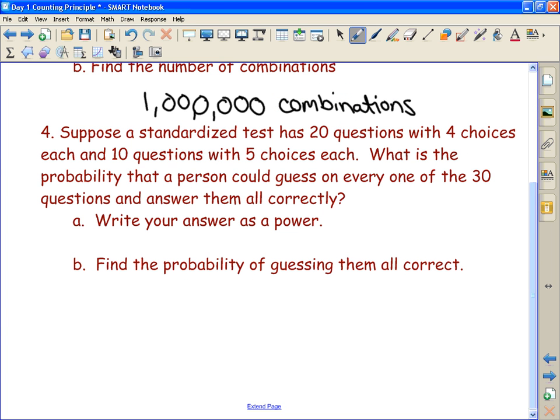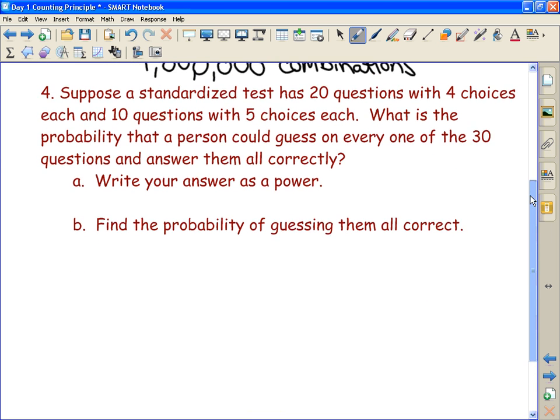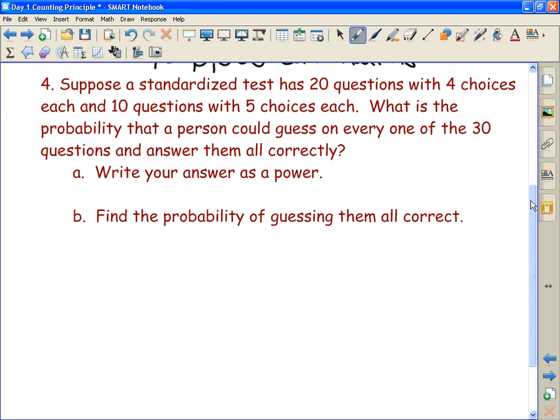Number 4. Suppose a standardized test has 20 questions. Whoa. And each question has 4 choices. And then we also have 10 questions with 5 choices. So I'm going to scoot up here a little bit so I have a little bit of room to work. I have 20 questions with 4 choices.